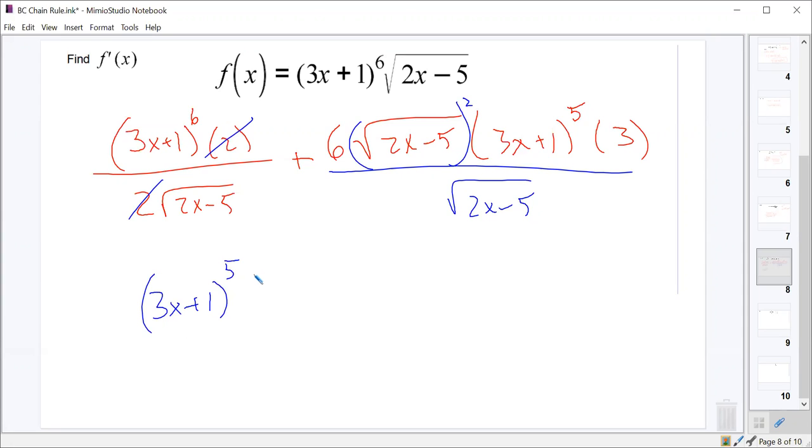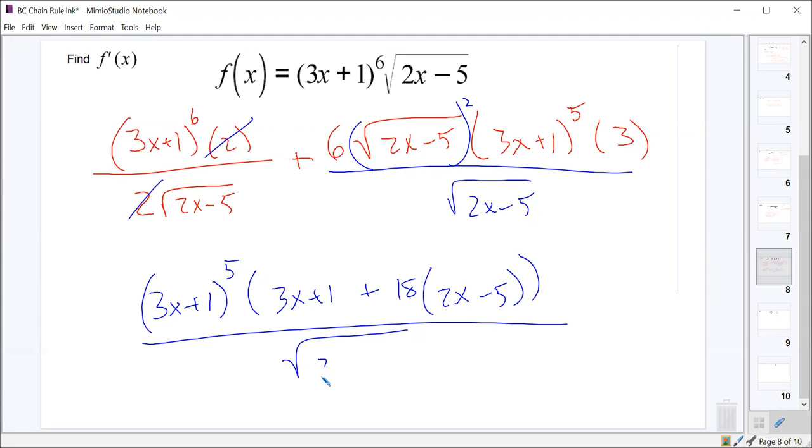So it'd be good if we could factor that out, leaving us with a 3x plus 1 to the first plus 18 times 2x minus 5 all over root 2x minus 5, which would be 3x plus 1 to the 5th times 39x minus 89, all over root 2x minus 5.